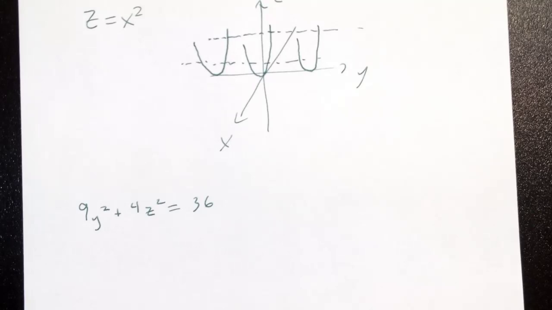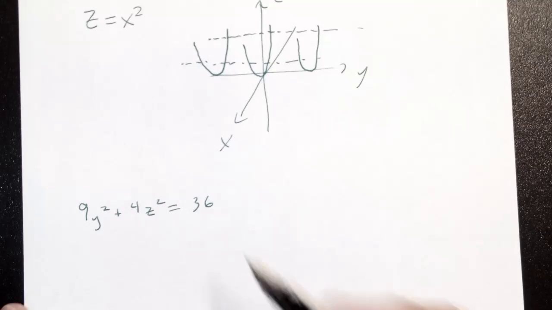Almost. It's not quite a circle. It would be a sphere if it had all three variables in it, right? Because a sphere is x squared plus y squared plus z squared equals r squared. That only has two squares. An ellipse, an oval.